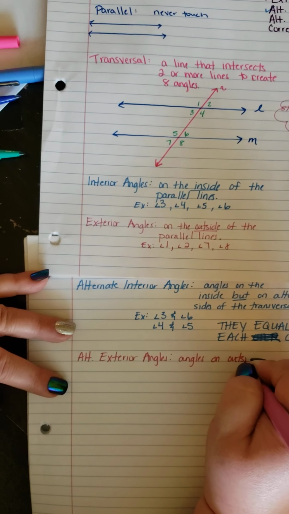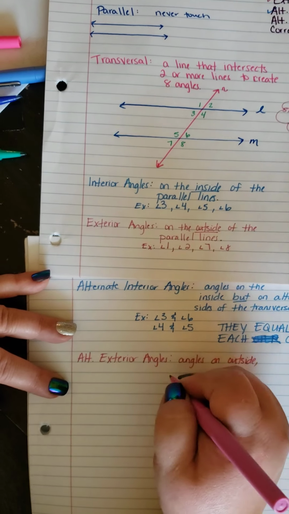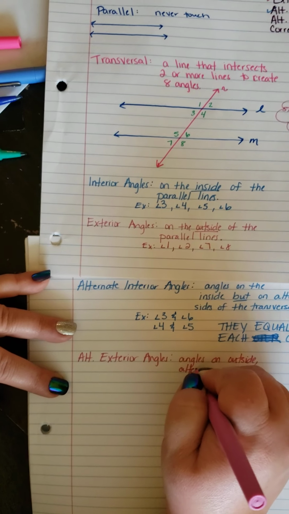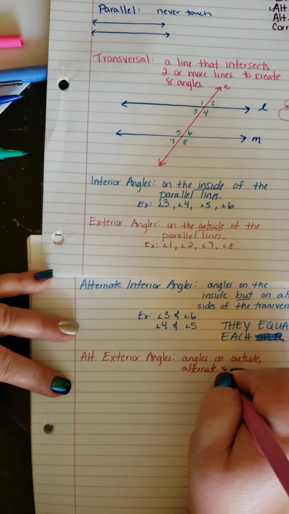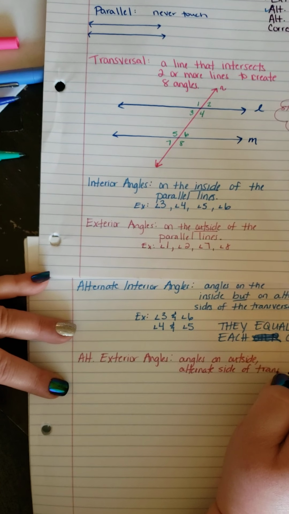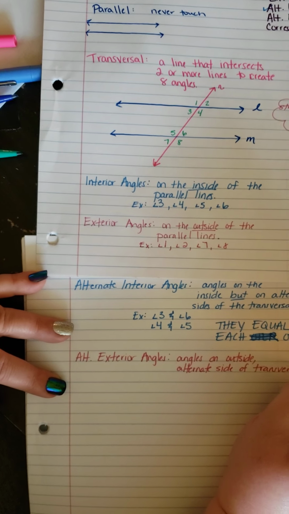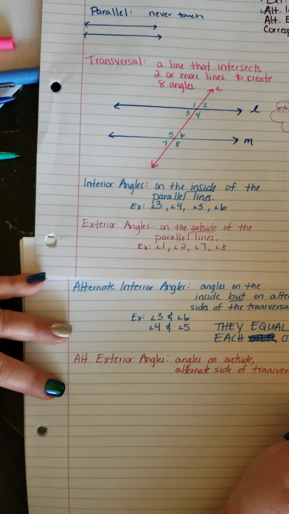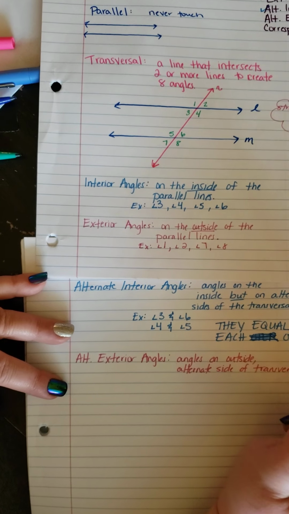Angles on outside, alternate side of transversal. And these, because these are labeled as well, these two equal each other.